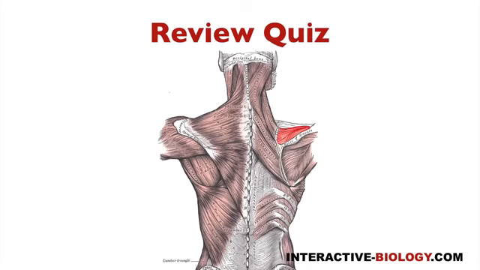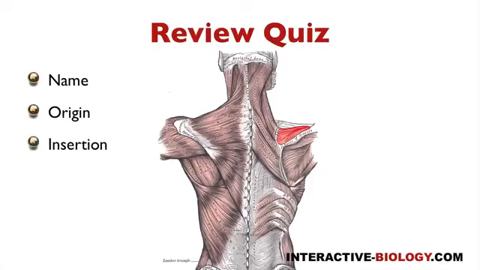Here we have the muscle that's called supraspinatus. The origin would be from the supraspinous fossa, and that is going to insert on the superior facet of the greater tubercle of the humerus, and the action is going to be initiating abduction of the humerus.